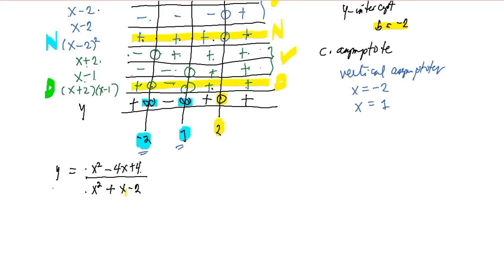So, by dividing everything by x squared, then we can see that y is equal to, so that would be 1 minus 4 over x plus 4 over x squared. And for the denominator, we have here 1 plus 1 over x minus 2 over x squared.